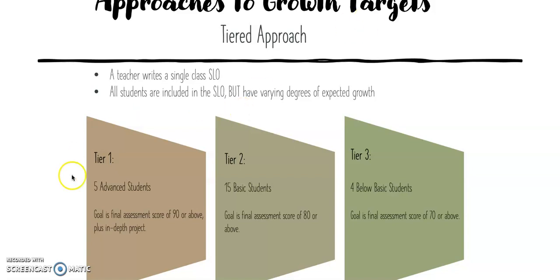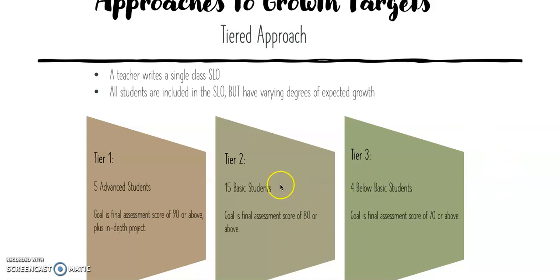You might have students who are advanced, who you assume are going to perform at a higher level than everybody else, or at a faster pace. So these tiers would be the kids who might be more advanced, they need enrichment, they might need acceleration. My tier 2 would be my students who are just proficient. They're getting what they need, we're making progress, but they're not considered high or low.